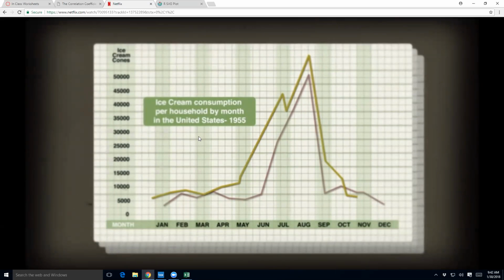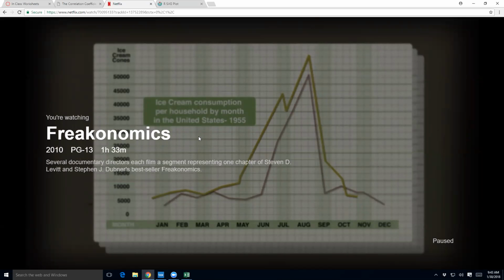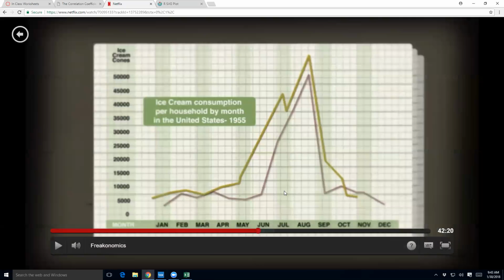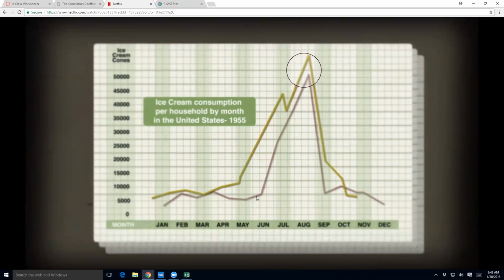This is a really interesting graph for a couple of reasons. Number one, is it a linear graph? No. But maybe from here to here, you could split that in half and say, it's linear from there to there, and then it's linear from here to here.